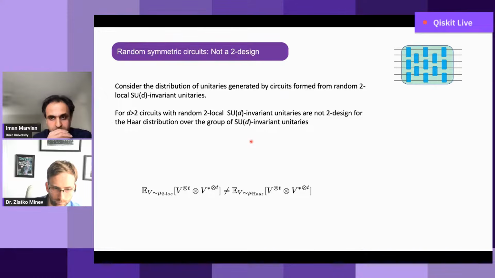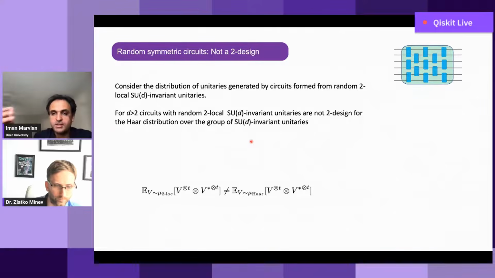Let me also briefly talk about random symmetric circuits. My time is almost over, so I won't go through much detail. But here the idea is, we know that unitary transformations can be generated this way.